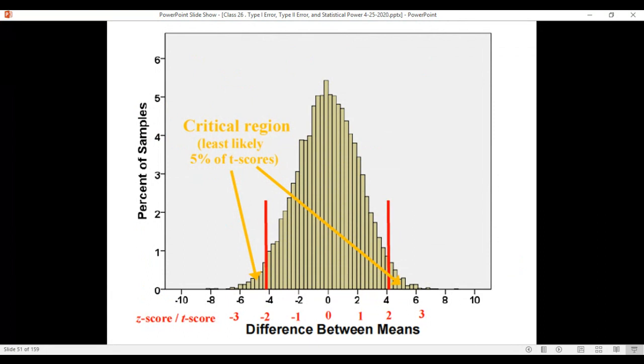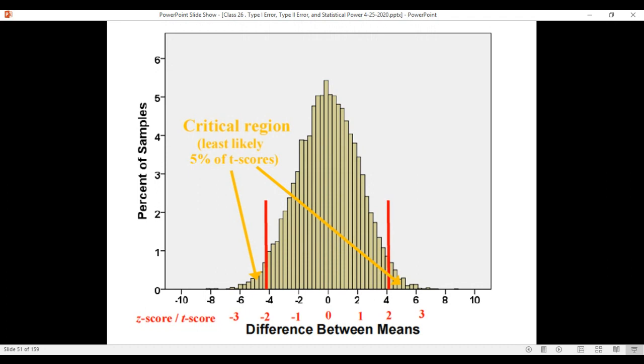Now, if I randomly select paired samples from this distribution, find the difference between the sample means, and calculate the t-score, this t-score will lie in the critical region exactly 5% of the time.